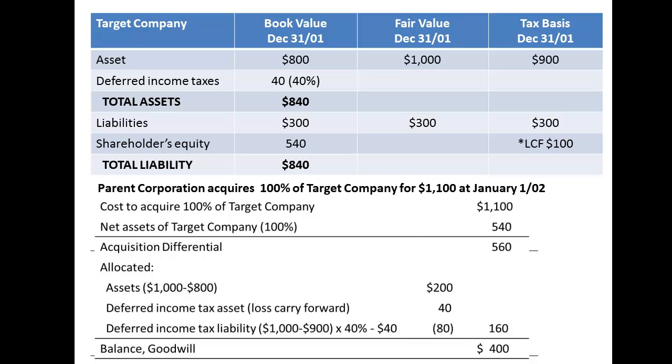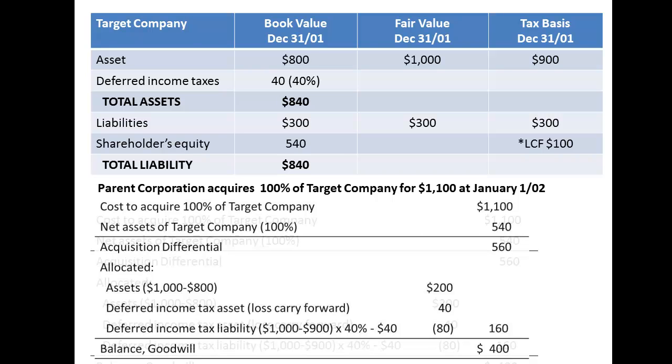This increase in the probability assessment means that a portion of the purchase price differential must be allocated to this deferred tax asset. $100,000 at the 40% expected statutory rate results in an allocation of $40,000. Consequently, our goodwill, the residual amount, is adjusted downwards by $40,000 to $400,000.